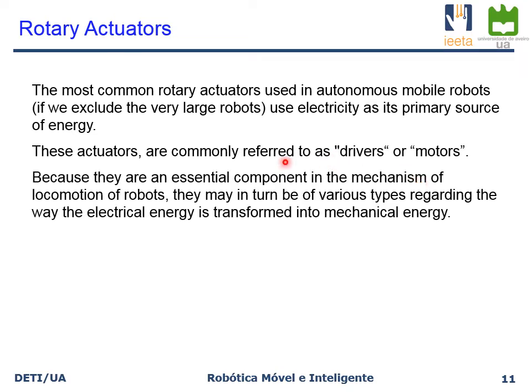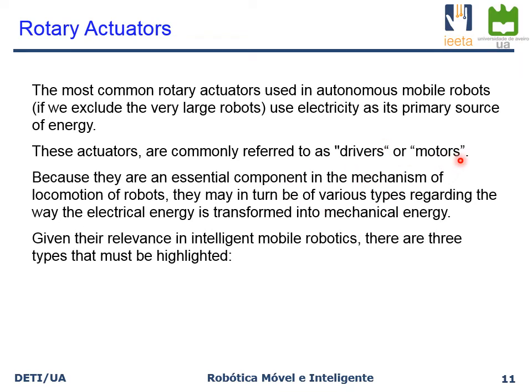And because they are such essential components in the locomotion mechanism of robots, they may in turn be of various types regarding the way the electrical energy is transformed into mechanical energy. That is to say that there are different types of technology with different costs, of course, and different performances in terms of efficiency, that can be used for drivers or motors.